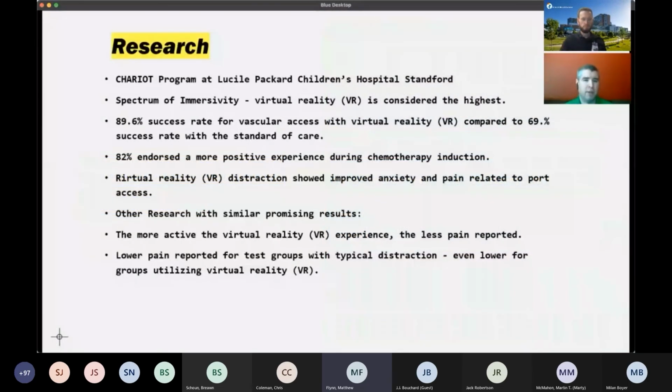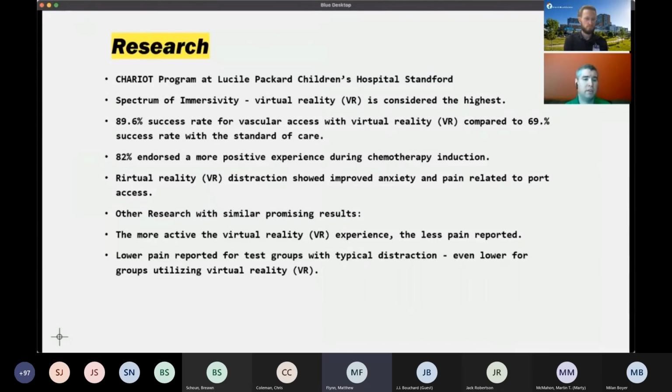A lot of what we've talked about so far has been our own experiences with this technology. And a good thing to know is that there is quite a bit of research to help back all of this up. There have been many research studies conducted and articles published on the effects of VR and AR during physical therapy and occupational therapy sessions, for venipuncture related procedures, and for pain management in general.